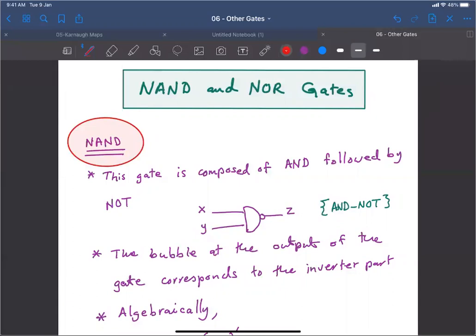Last time we started the unit on other gate types, and we started talking about the buffer and tri-state buffer. We said that the buffer is used for amplifying the output signal and giving it more drive power.